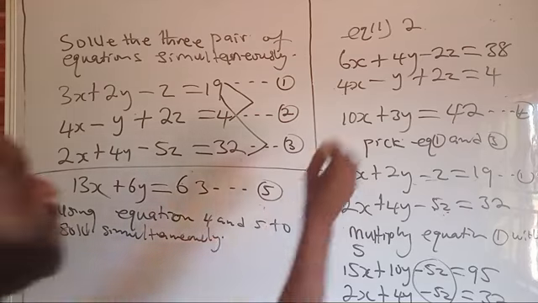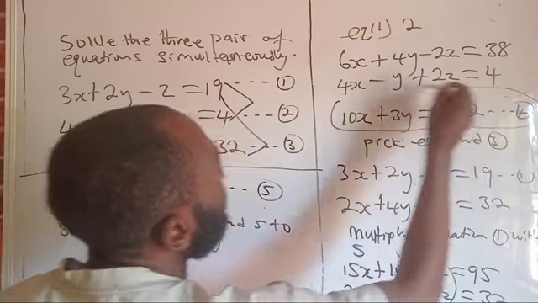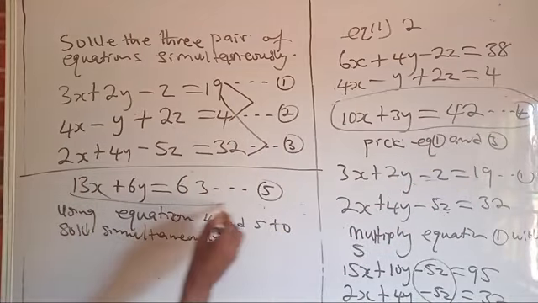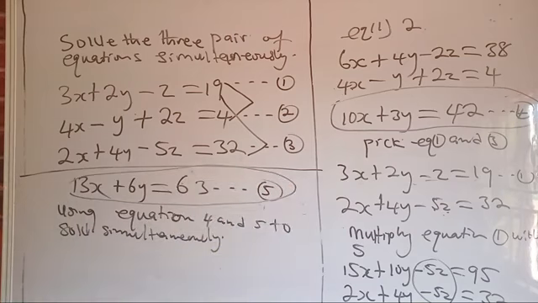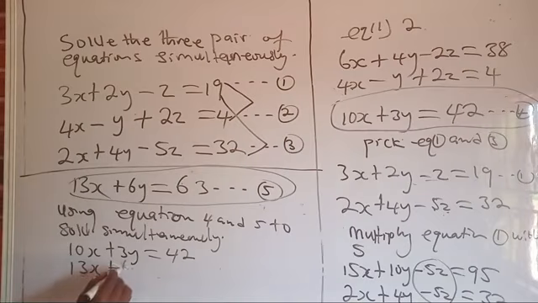So this is our equation 4 and this is our equation 5, to be able to eliminate and solve for x and y. So that will give us 10x plus 3y is equal to 42. And here we have 13x plus 6y is equal to 63, right?